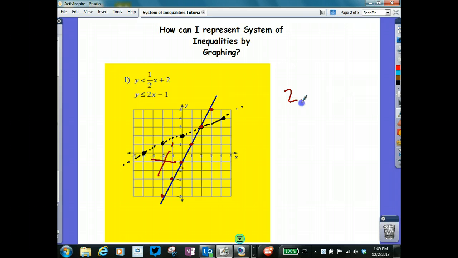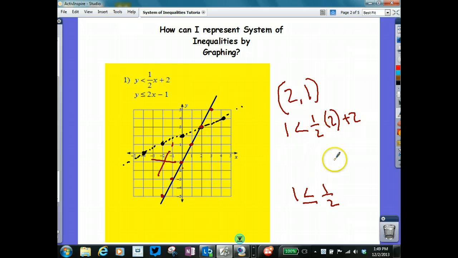That would be this area right here. So I have to say 1 is less than 1/2 times 2 plus 2, or 1 is less than or equal to 2 plus 2.